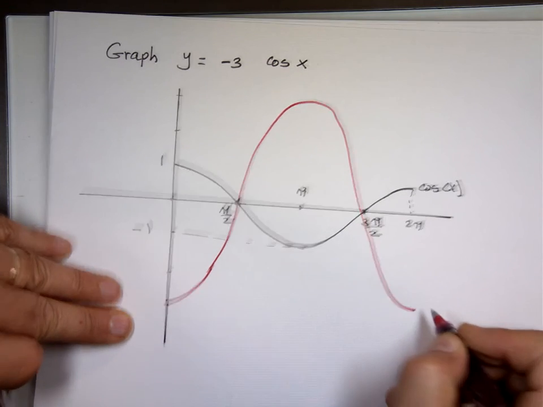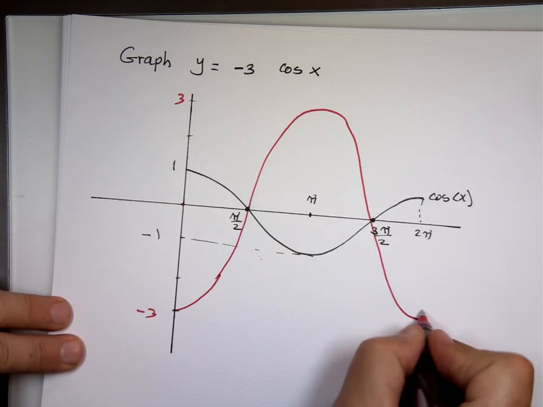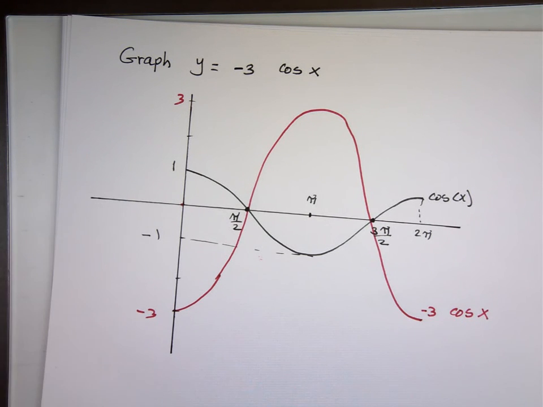This is the negative 3, and that's the plus 3. Negative 3 cosine x. So it goes as high as 3 units, but at the same time, you make the plus a minus and the minus a plus because of that negative sign in the front. And that's the end of section 10.1.